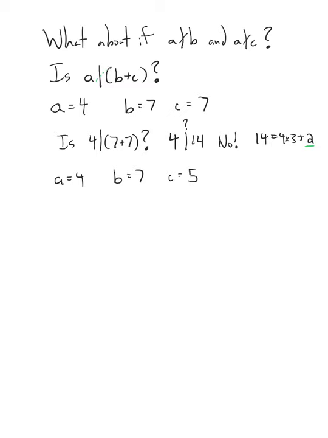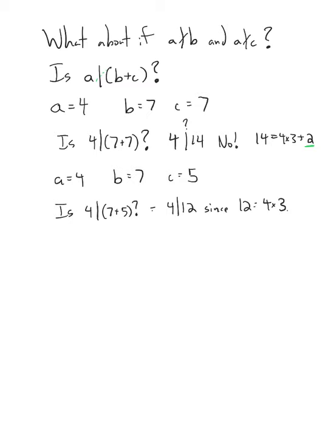So 4 isn't a factor of 7. 4 isn't a factor of 5. So is 4 a factor of 7 plus 5? And of course it is. 4 is a factor of 12, since 12 is 4 times 3.